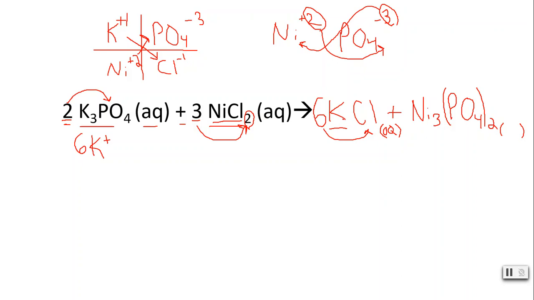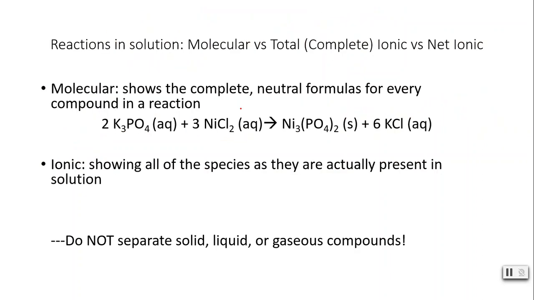And you should be able to see that potassium chloride is aqueous. Believe it or not, that's an A. And the nickel phosphate is a solid. So that is the balanced products with states of this double displacement reaction that is written more neatly right here.